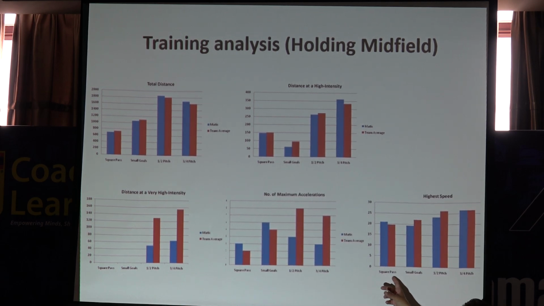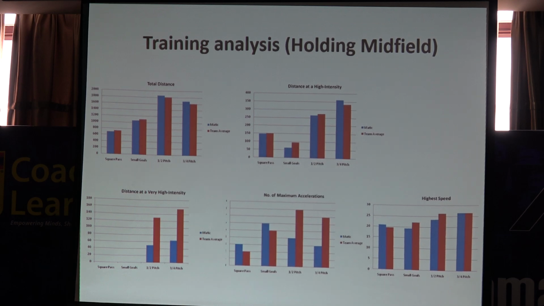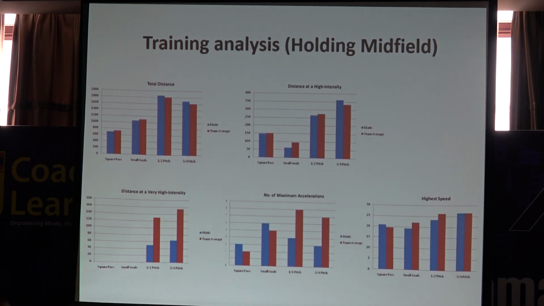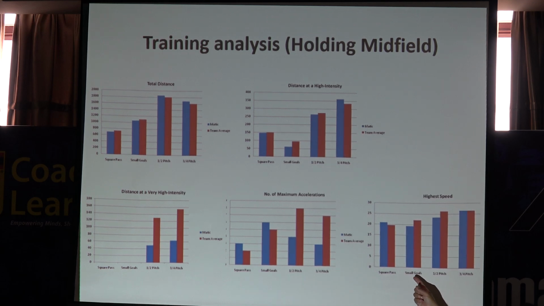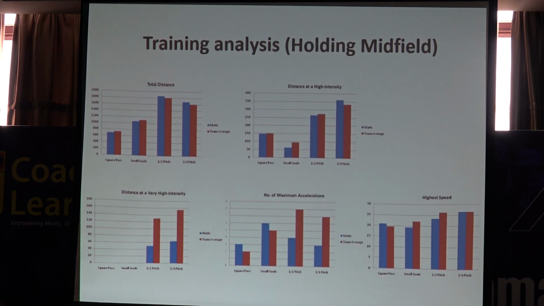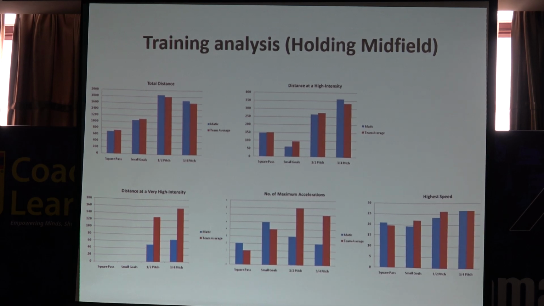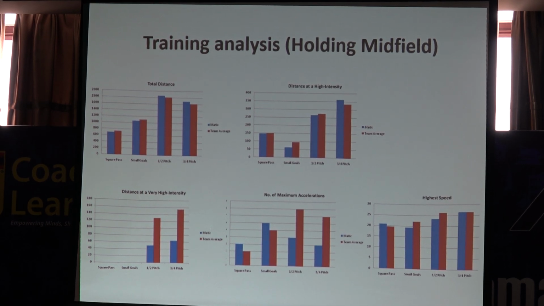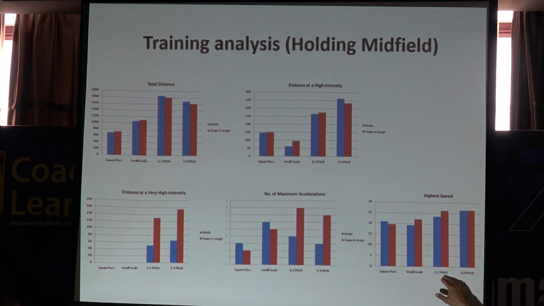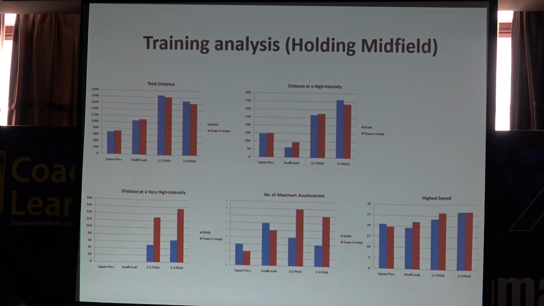So we have square passes, so it's a passing drill. Then we have a tactical game with small goals. Then we have playing on half a pitch with some tactical focus.